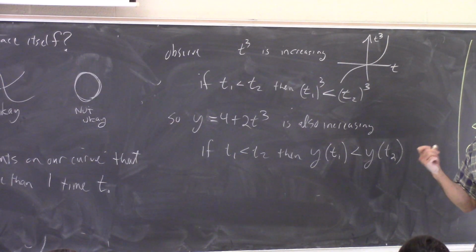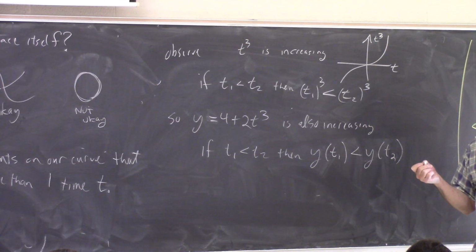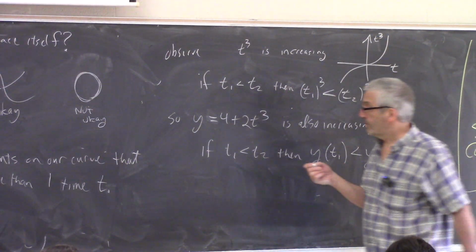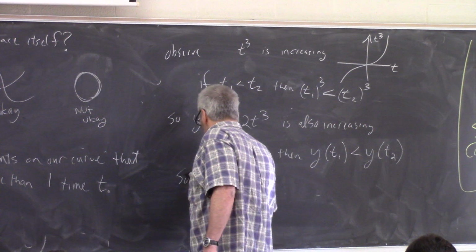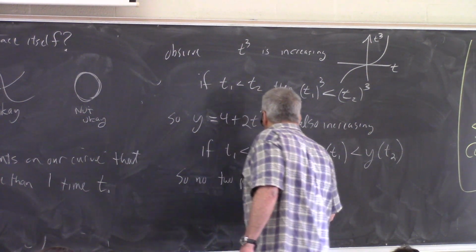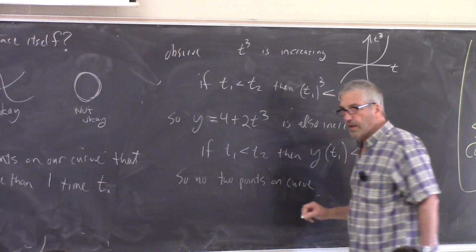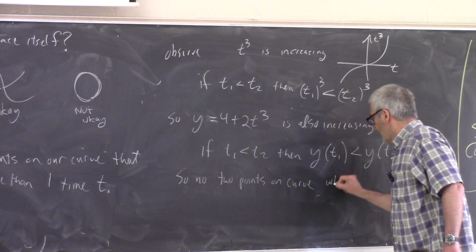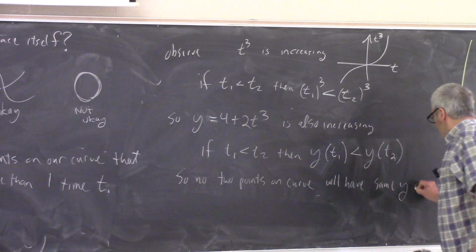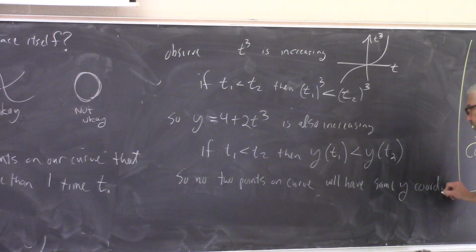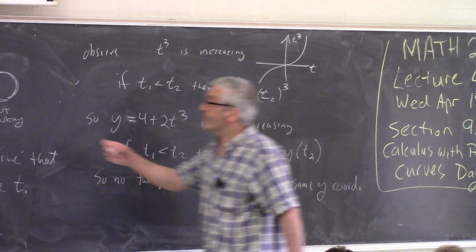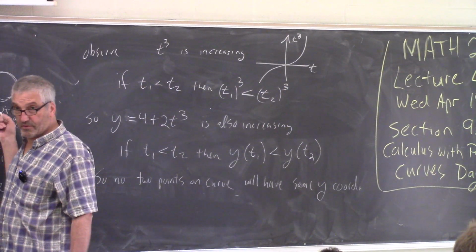So there aren't going to be two different time values where the resulting point has the same y-coordinate. So no two points on the curve will have the same y-coordinate. Okay, so the curve never intersects itself at all. We don't have this. We certainly don't have this.